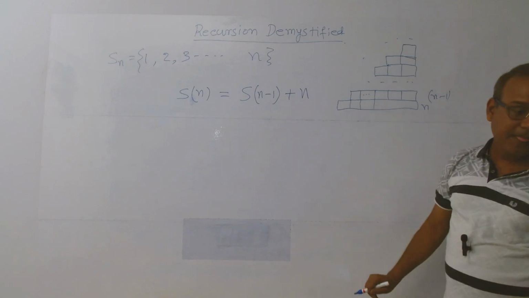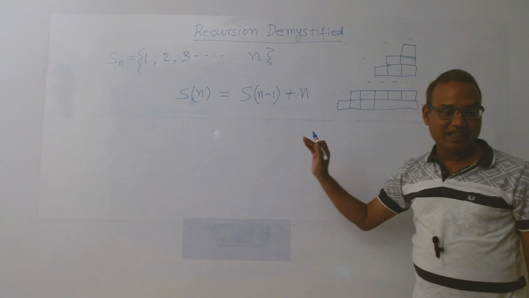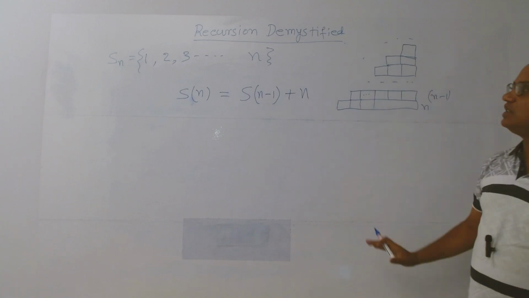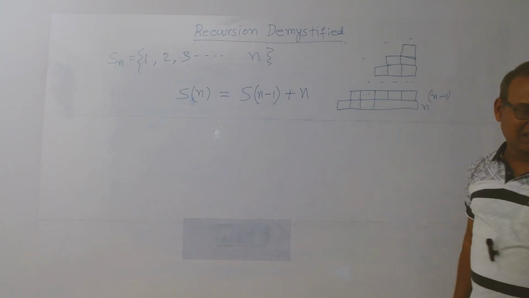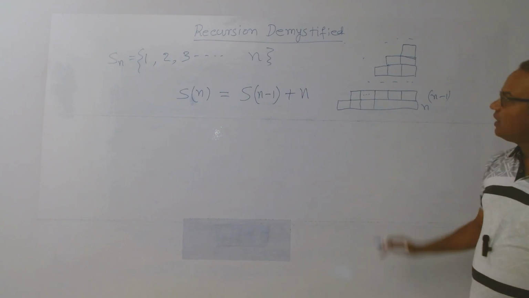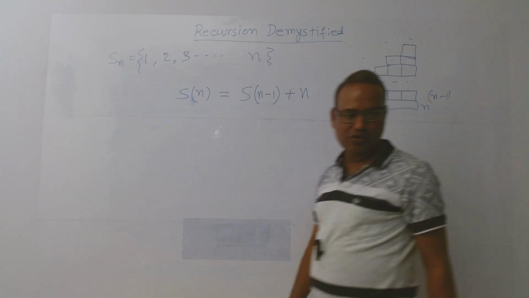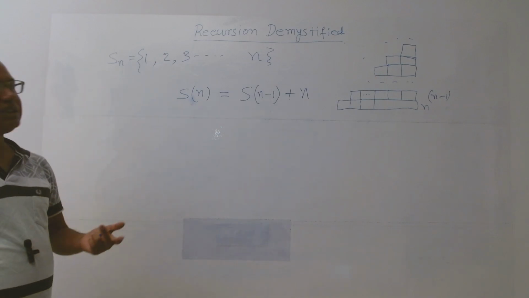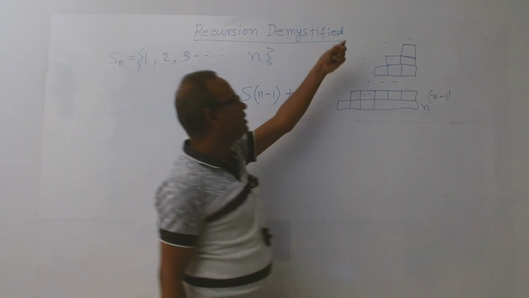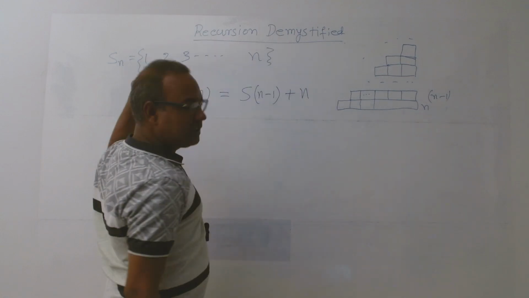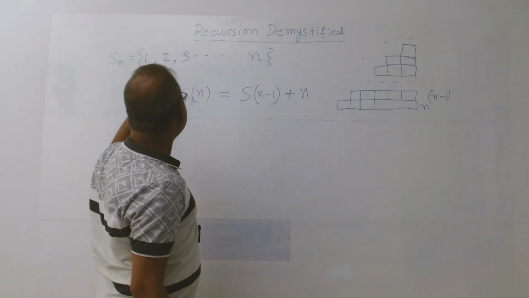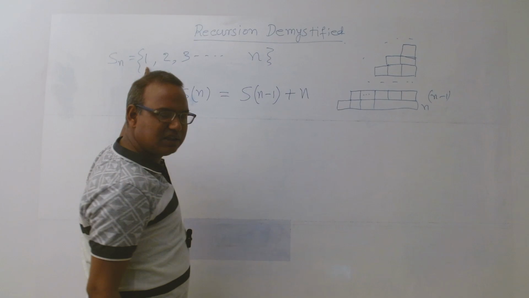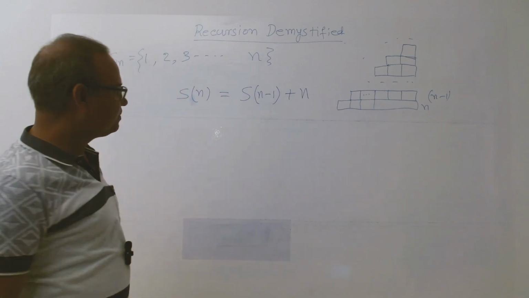Now every time we write a recursion, we have to think about the stopping condition. When to stop this recursion? In this example, we can use two options. Either there is no element, then we can stop, or you can fix the value of the first element and stop.